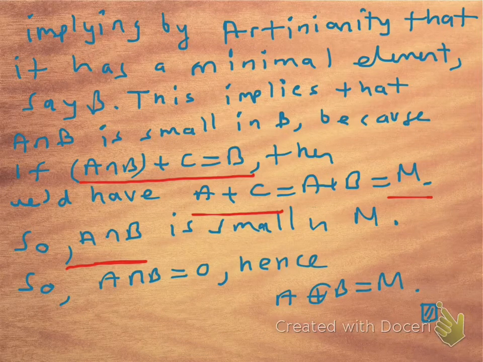Therefore, A intersect B is equal to 0. So we have A direct sum B equal to M as desired, making M a semisimple module.